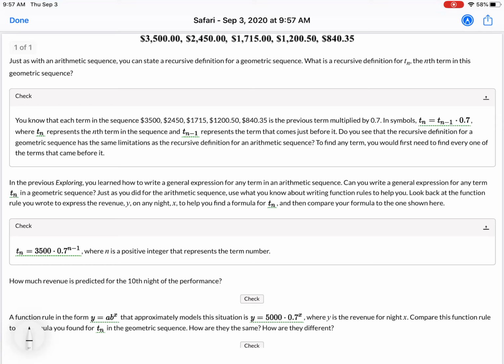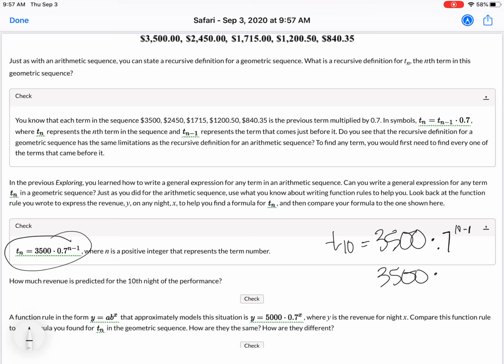So what I'm going to do is take this equation right here, and I'm saying T10 equals 3,500 times 0.7 to the 10 minus 1. Okay, then I have to simplify. 3,500 times 0.7 to the 9th power.